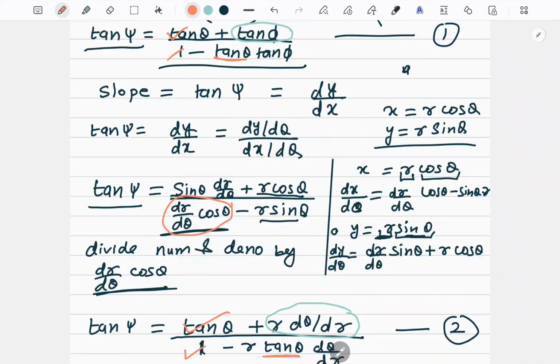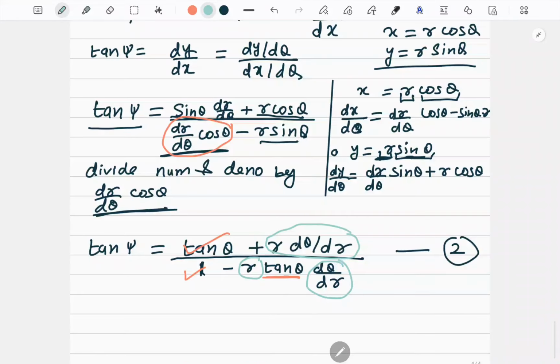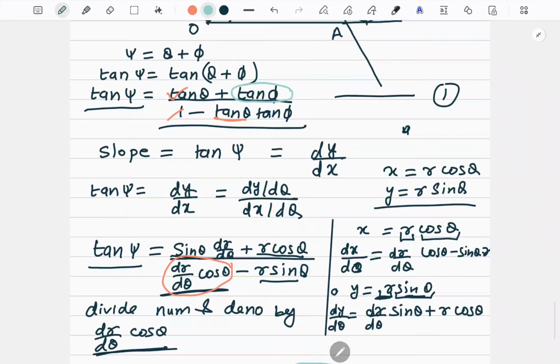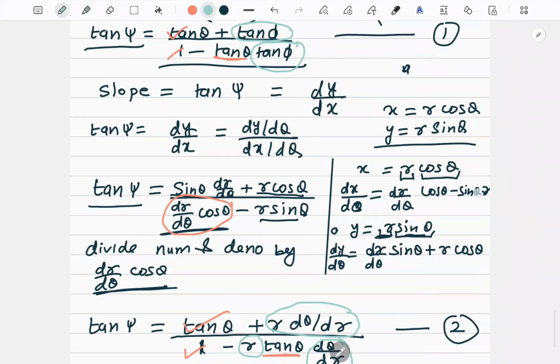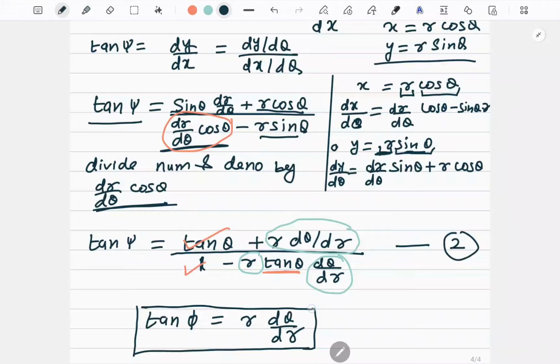Whatever is left, here r d theta by dr, and here in the numerator also r d theta by dr, and here in place of that, tan phi. So when you compare both the relations, what can you observe? A very simple thing: I am getting tan phi is equal to r d theta by dr. So this is one relation I got for my phi.